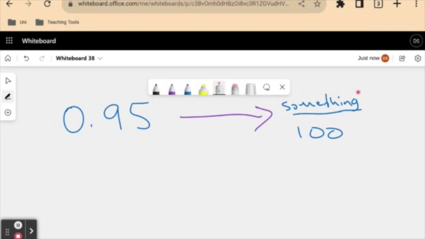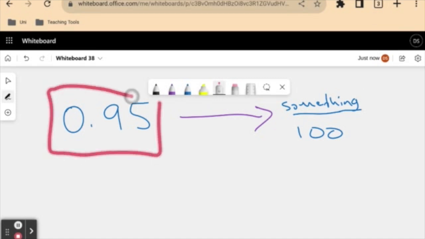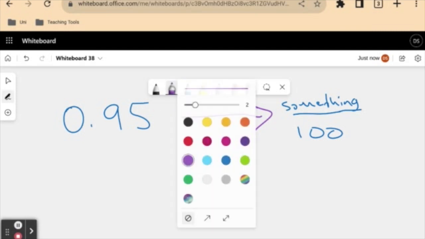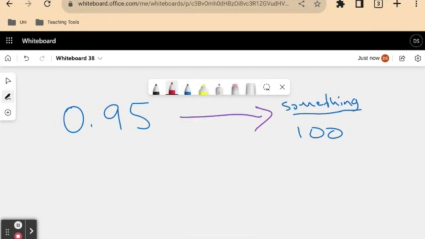So, well, first of all, so this number doesn't change, there is only one number we can multiply it by for it to not change its value at all. And take a moment to think what this could be. Feel free to pause the video. But the only number we can multiply 0.95 by to get 0.95 is 1.